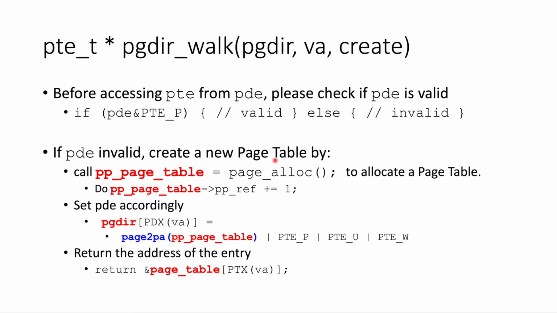To create a new page table, you can allocate a new physical page by using the function page_alloc. And because we will use this page as a page table, let's mark that we are actually using it by increasing the pp_ref by 1.